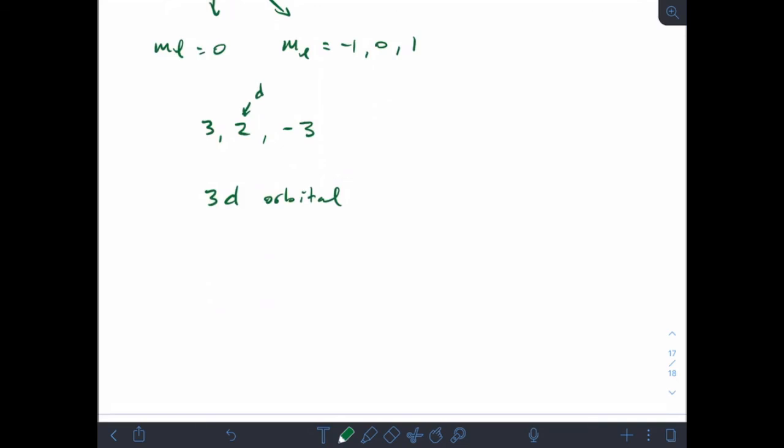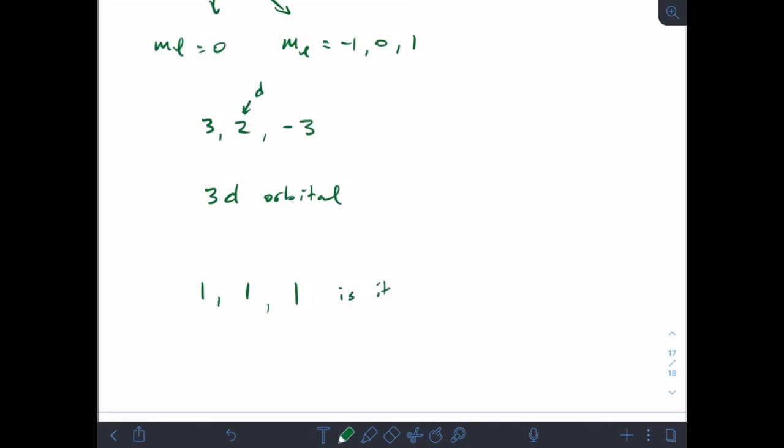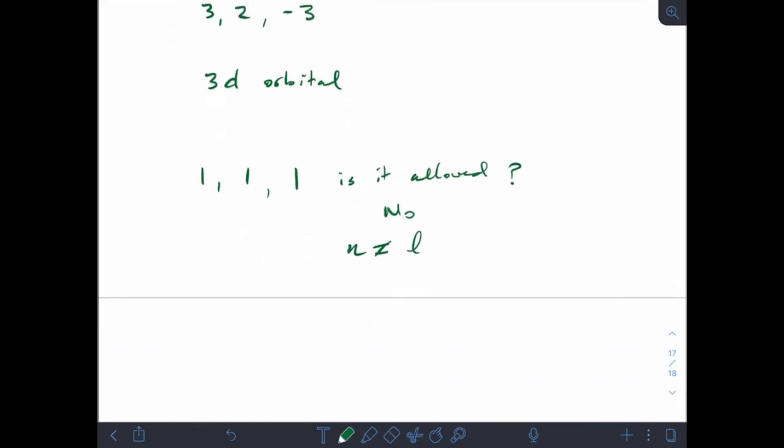So if I gave you quantum numbers of 1, 1, 1, is it allowed? And the answer is no, because n cannot equal L. In order for this to be allowed, I could have it as 1, 0, 0. That would work.